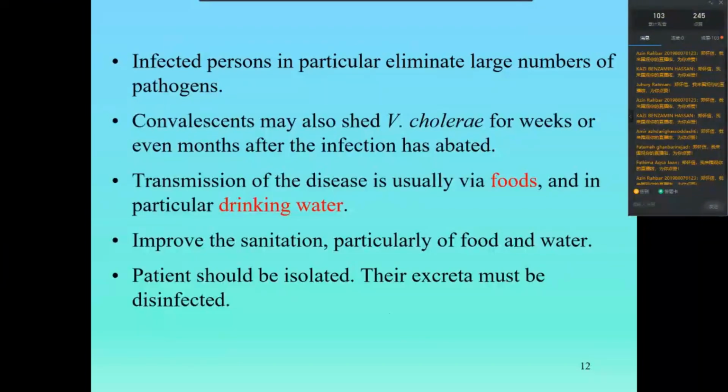Transmission of the disease is usually via food, and in particular drinking water. So we need to keep our drinking water clean, and we should improve sanitation, particularly of food and water.